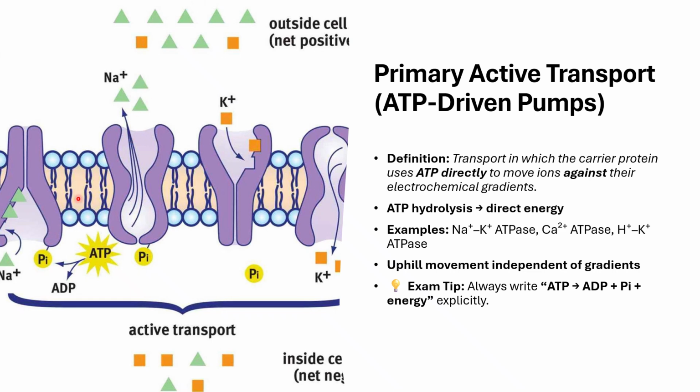You see here, after phosphorylation, there's a conformational change in the transport protein, it changes shape, and the attached sodium is pushed against its electrochemical gradient into the extracellular space, while potassium attaches and is pushed against its electrochemical gradient intracellularly.